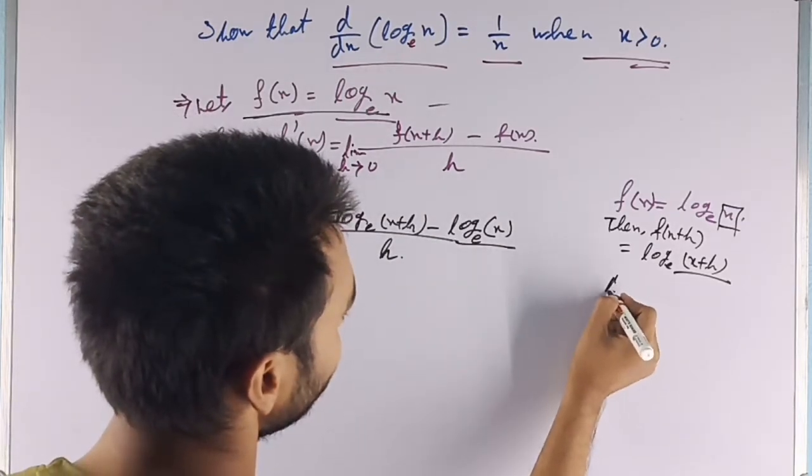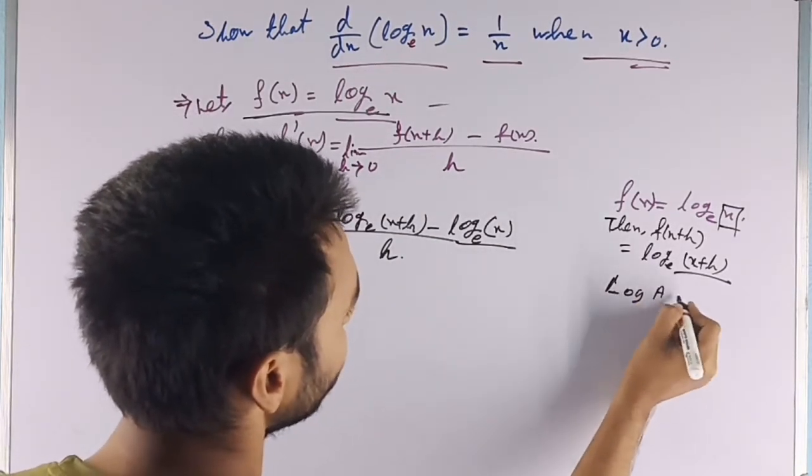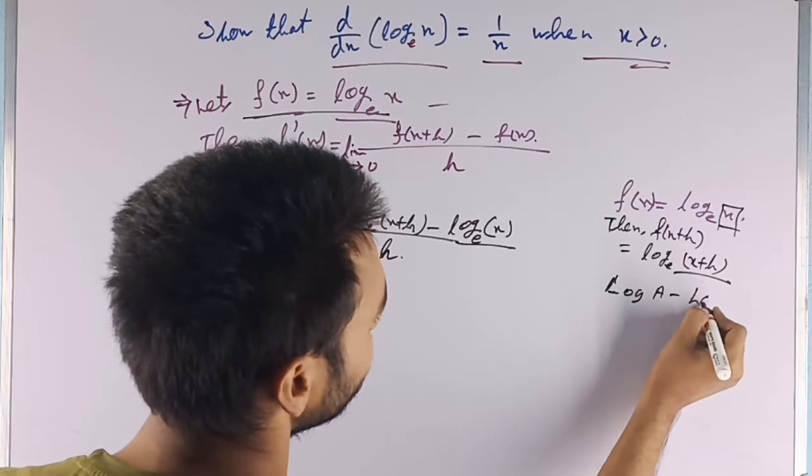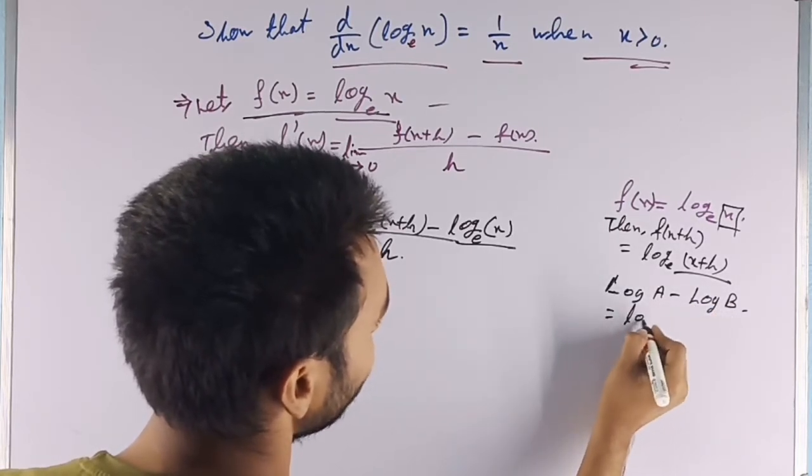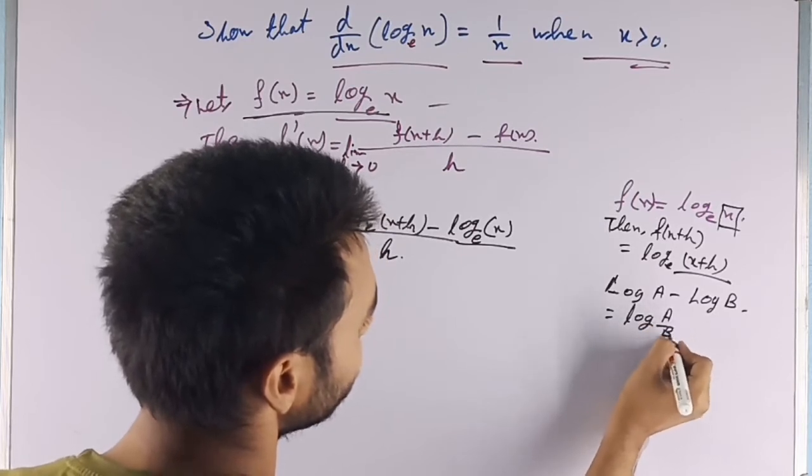Now log a minus log b equals log of a by b.